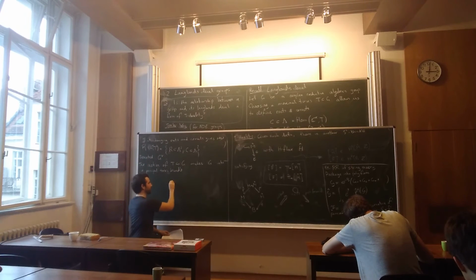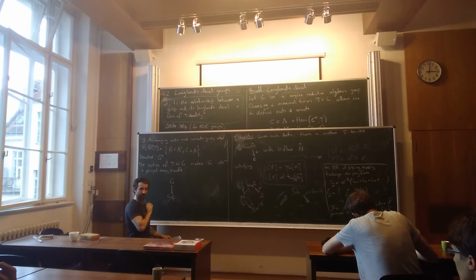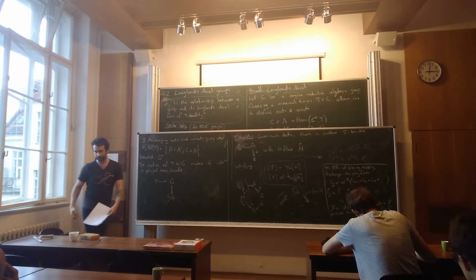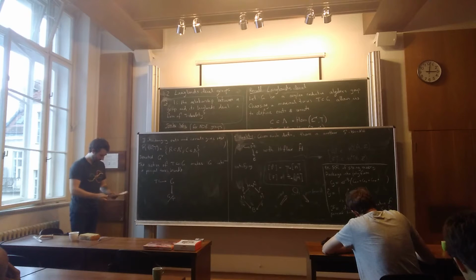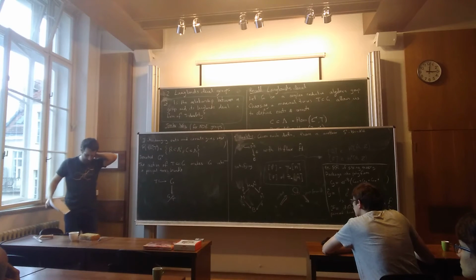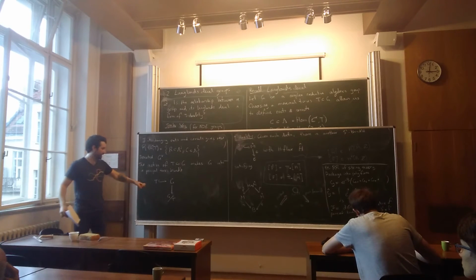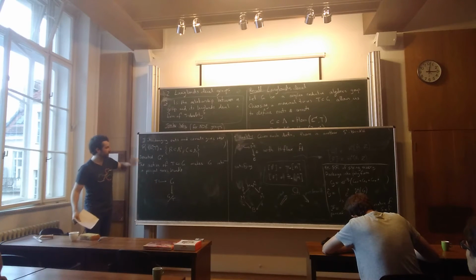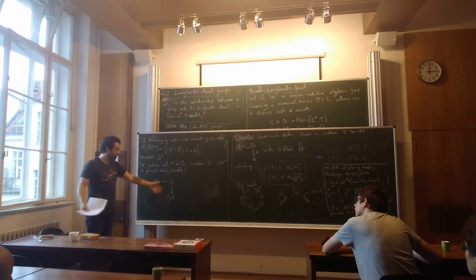That means my total space is G, my base space is the quotient of G by its maximal torus, and the fibers are going to be something like this. And now we've got a principal torus bundle. It's not a principal S1 bundle most of the time, but this is a torus bundle.